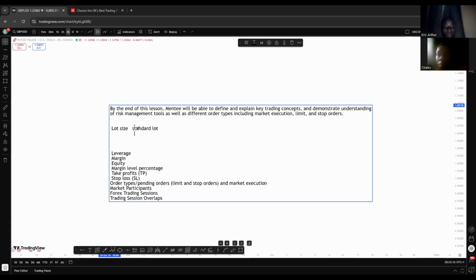And we have the mini lots. We have the micro.